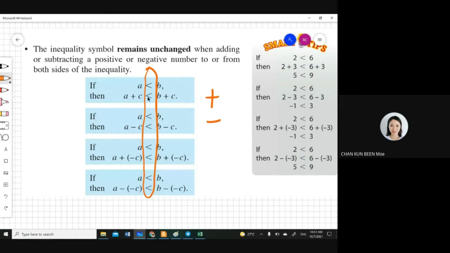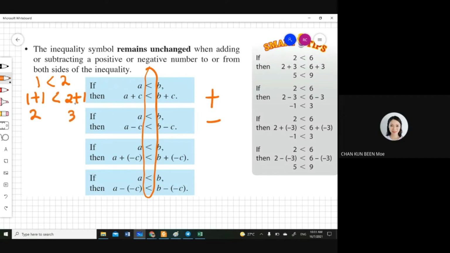For example, if A is less than B, I give you an example: 1 is less than 2. Correct, right? So A plus C is less than B plus C. For example, C is 1. So 1 plus 1, 2 plus 1, the answers will be 2 and 3. So they are still less than, right?